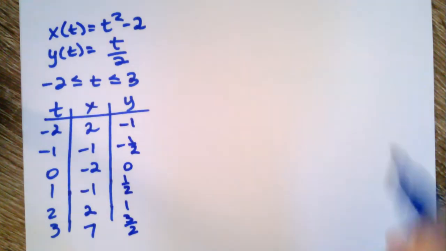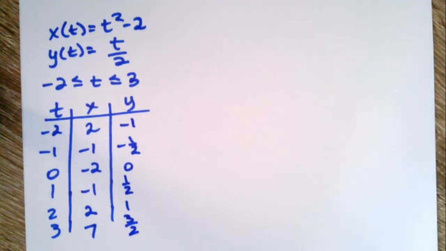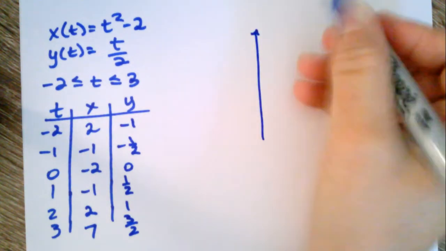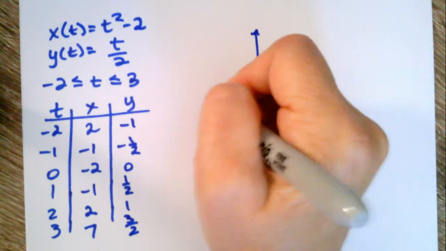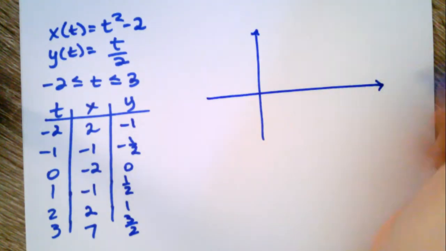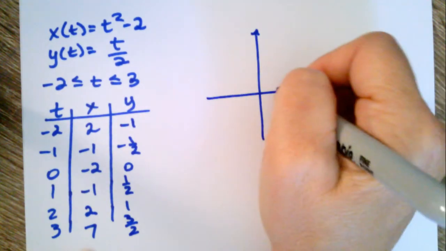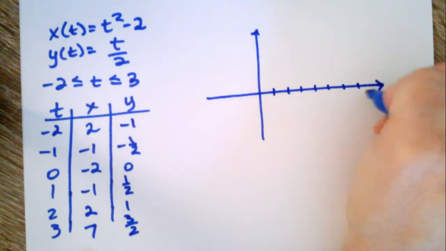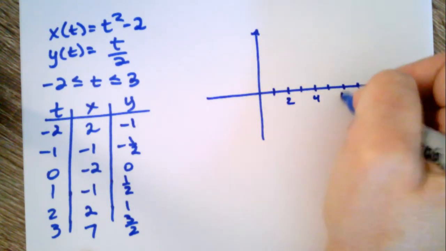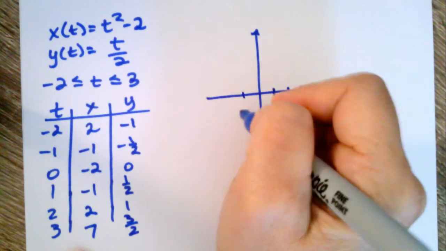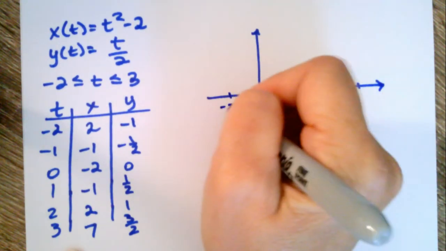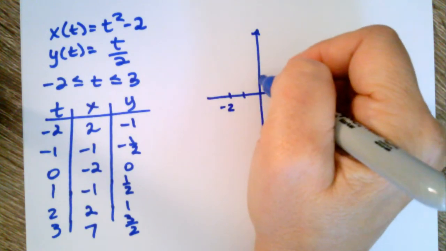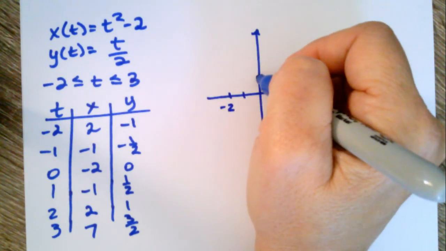So now we're going to sketch a graph. Looks like I need to go out to 7 on the x-axis. 4, 5, 6, 7. At least to -2 over here. And we don't need to go very high on the y.